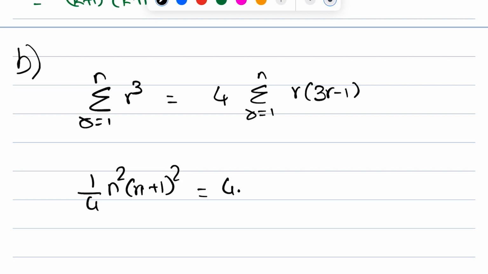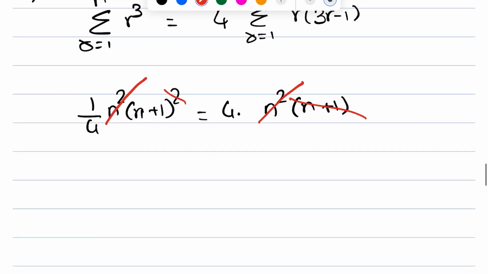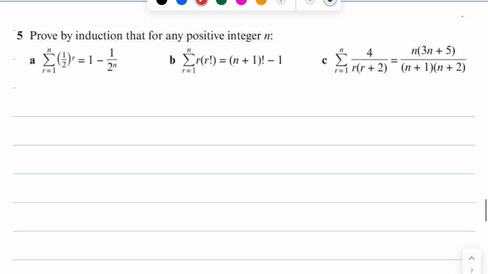And sigma r times (3r minus 1) is, as we just got as the answer, n square times (n plus 1), and 4 times that. Now we have to find the value of n. So n square gets cancelled, one n plus 1 gets cancelled. What am I left with? (n plus 1) upon 4 equals 4. So n plus 1 equals 16, so n equals 15. That's going to be the answer.